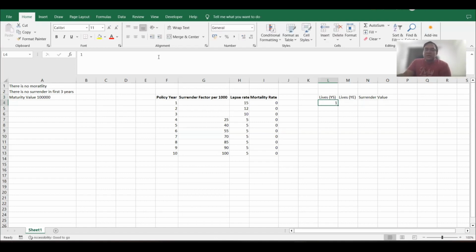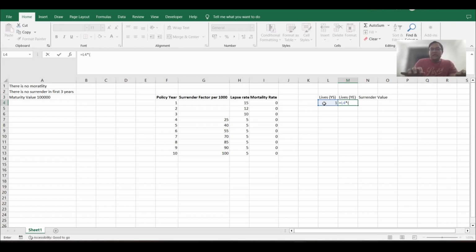Now we are assuming that there will be 15% kind of lapse. There is no mortality, so I'm not considering the mortality, right? So this would mean that we are going to have only 85% of the people alive, right? That should be multiplied by 1 minus this figure divided by 100, since this is a percentage figure.